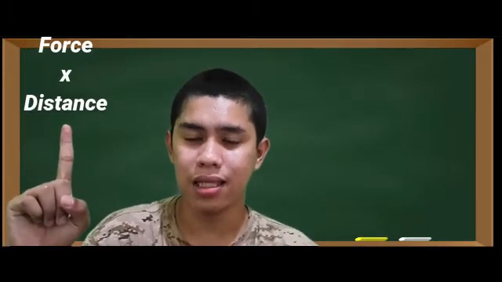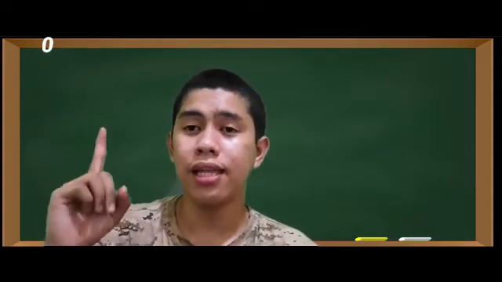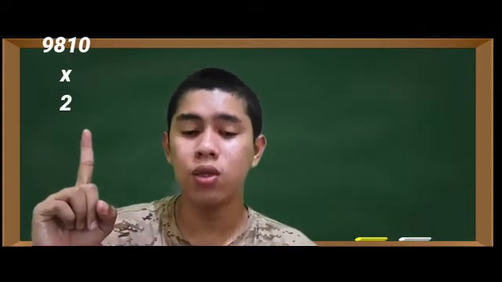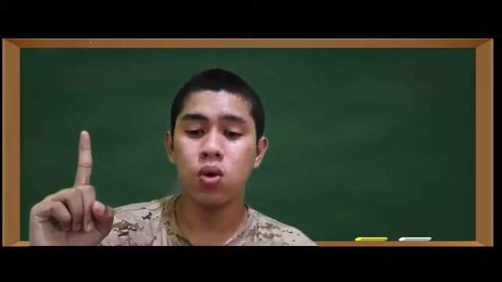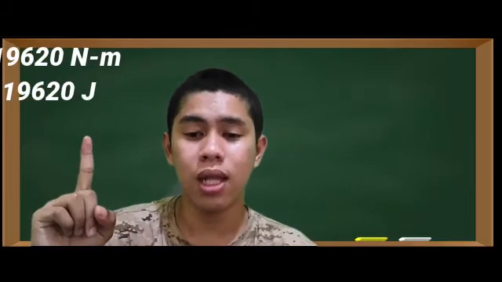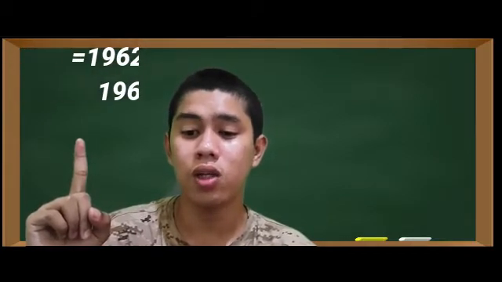And then, we are going to calculate the work. Work is equal to force times distance. So, 9,810 newtons multiplied by 2 meters is equal to 19,620 newton meters, or just 19,620 joules.